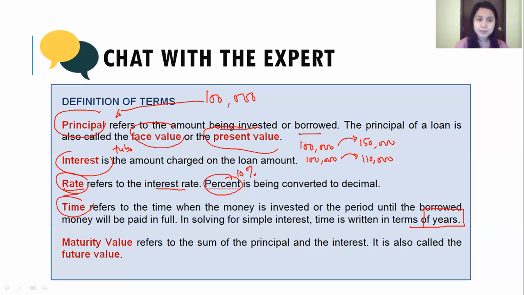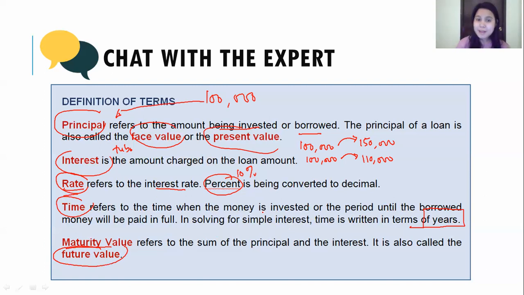The next one, maturity value. The maturity value is also called the future value. If I have 100,000 now and I'll invest it for 10 years, how much will be my money after 10 years? That's why how much will be, right? It means it's your future value or your maturity value.